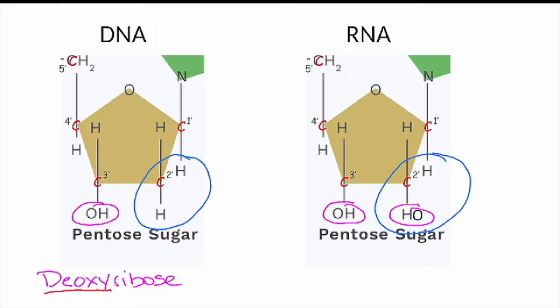So that sugar has lost an oxygen. It's been deoxygenated. That's where its name comes from. Whereas RNA just has the ribose sugar. It hasn't been deoxygenated, it's just ribose. And so this is where their names come from: deoxyribonucleic acid or ribonucleic acid.